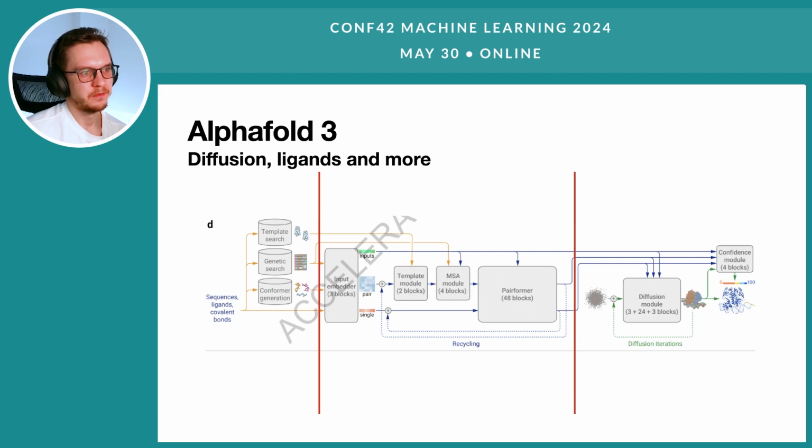And the final model, which was only released this month, AlphaFold 3, expands on this idea of AlphaFold 2, using templates, using multiple sequence alignment, and using other things that bind to proteins to get a better result in protein structure prediction.